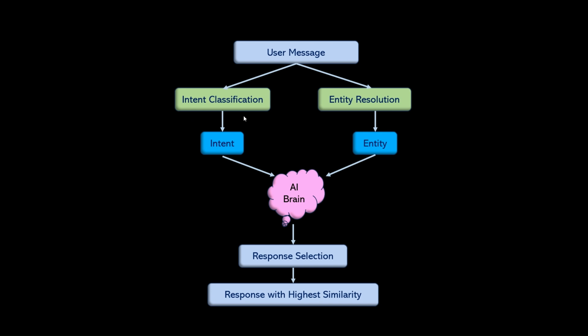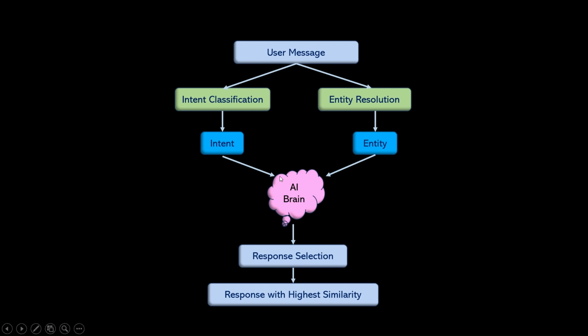However, if I were to type the message bye instead of hi, my intent would be to end the conversation. So in the classification step, the chatbot evaluates the intent of the user's message. In the resolution step, the chatbot identifies any specific entities present in the sentence that the user has provided.